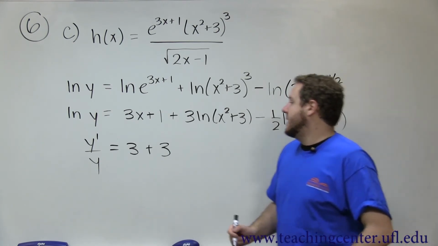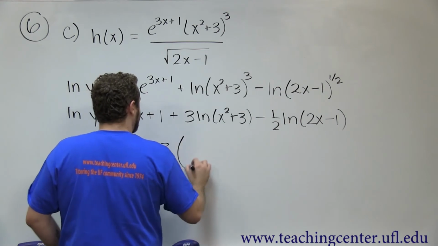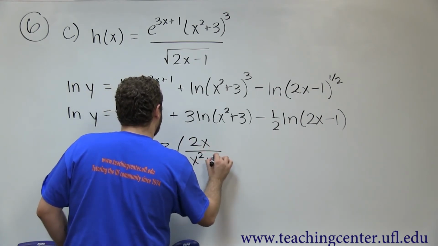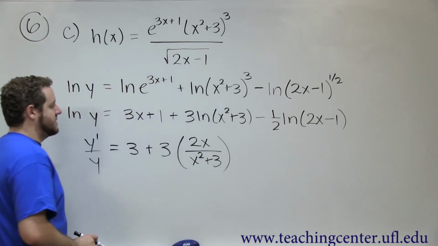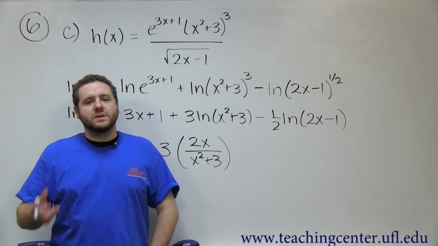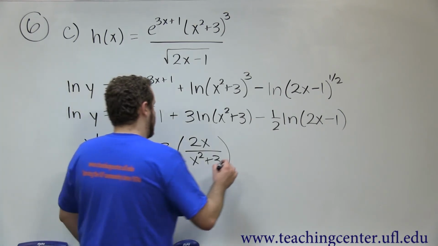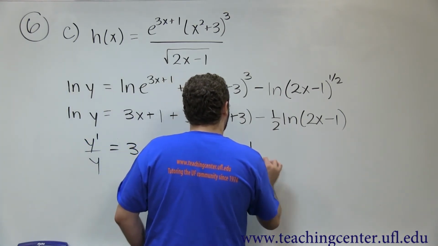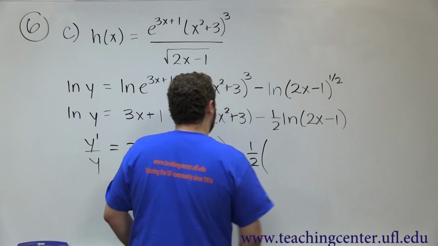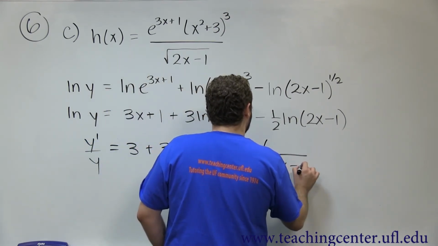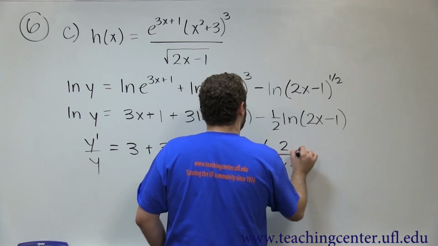So in this case, we would get 2x over x squared plus 3, because x squared plus 3 goes in the denominator, and its derivative goes in the numerator, 2x. And then in the last term we get minus 1/2. Again, we're taking the derivative of an ln, so we put the original thing in the denominator and its derivative in the numerator, which is 2.